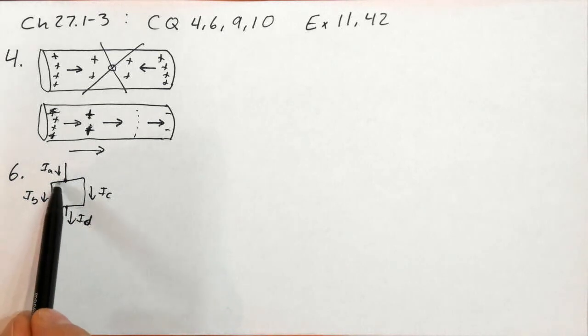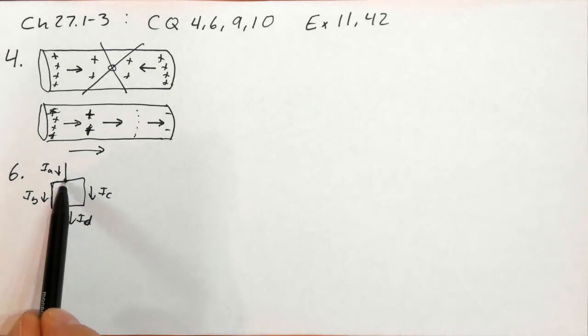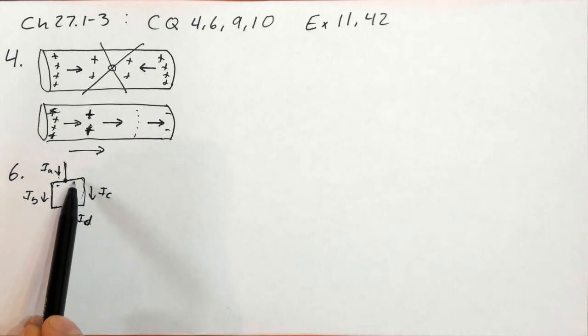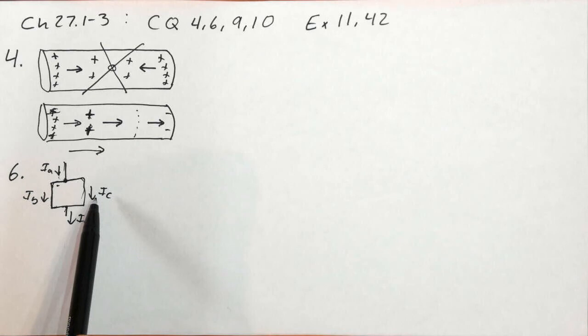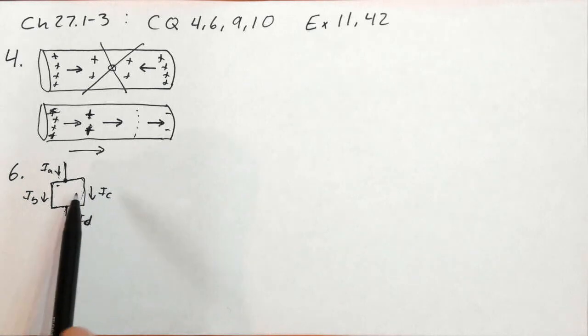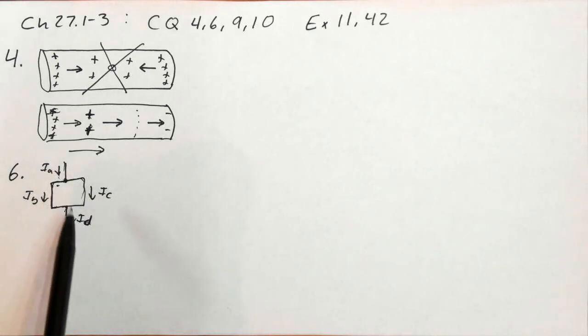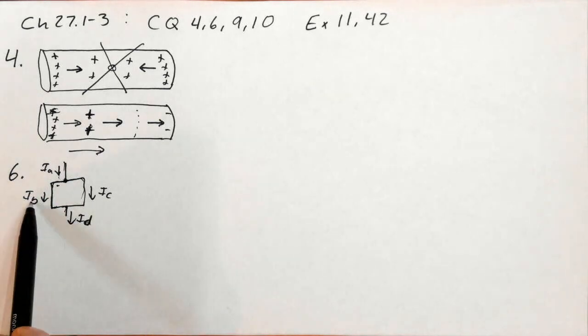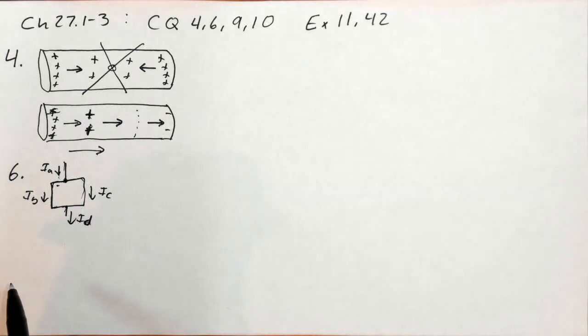Now, because all the wires are identical, we can take a step further. Everything's identical, which means when current gets to this point, it has an equal probability of going left as it does going right, which means IB and IC are equal to each other. So IA equals ID, and both of those are twice as big as IB, which equals IC.